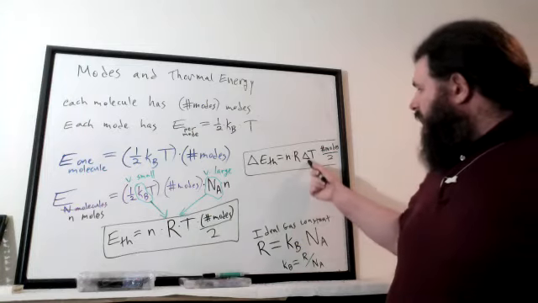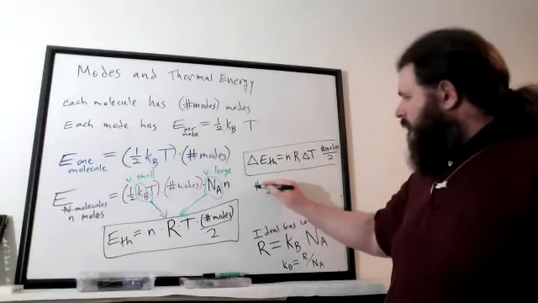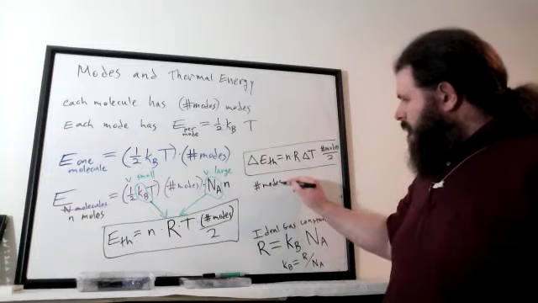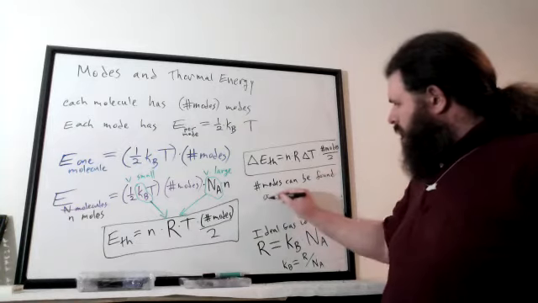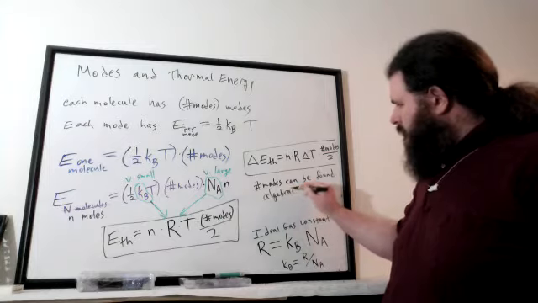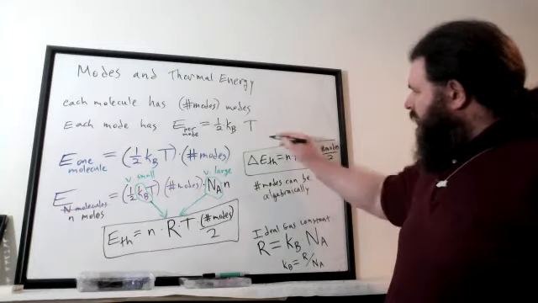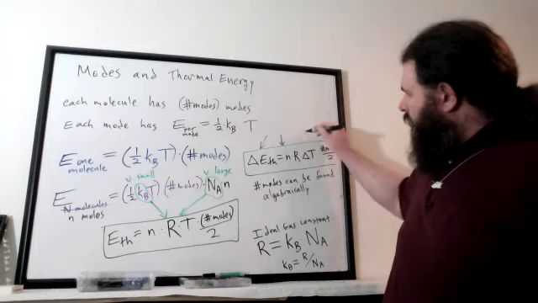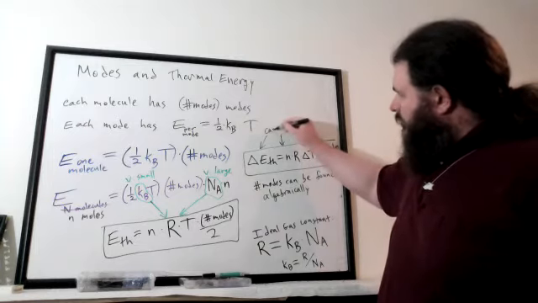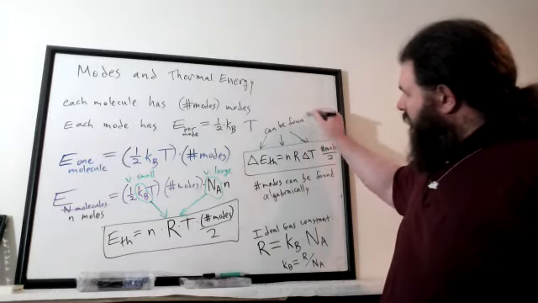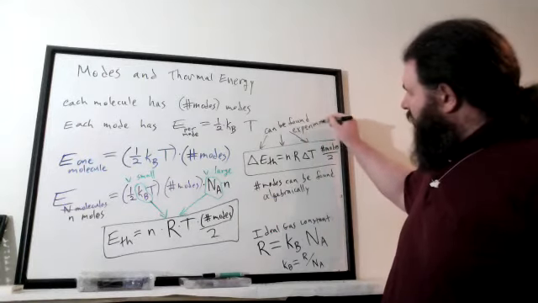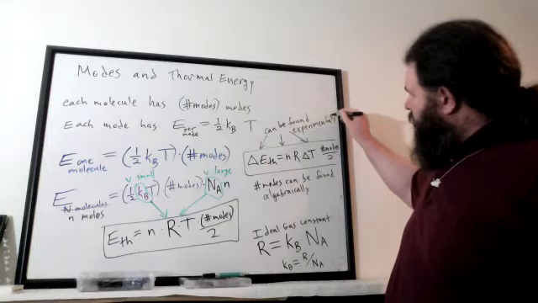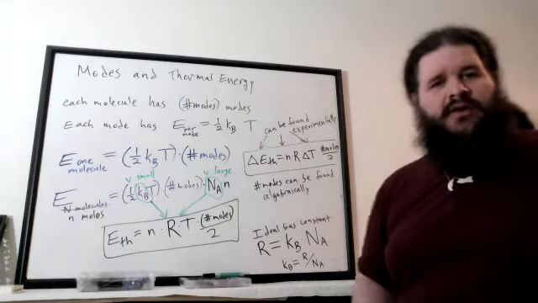If you know those quantities, you can solve for number of modes. So everything else, the thermal energy, the number of moles, the change in temperature, can be found experimentally in a laboratory setting if you've got the right tools for it. Which means number of modes is the only unknown left.